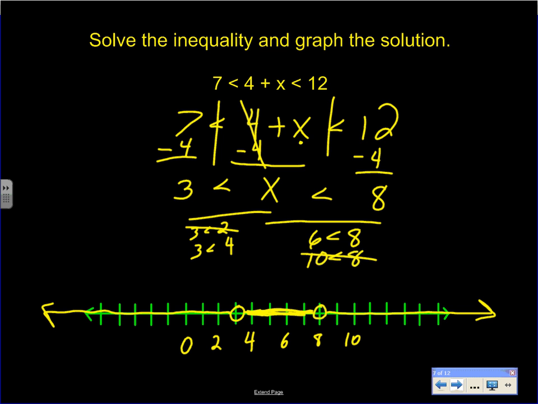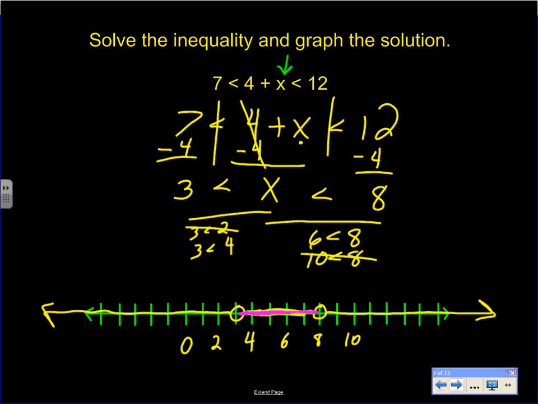But which numbers satisfy the inequality, which x makes that inequality true? Well, it's all of these numbers right here between 3 and 8, but 3 and 8 are not part of the solutions.